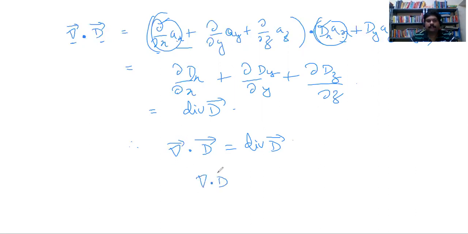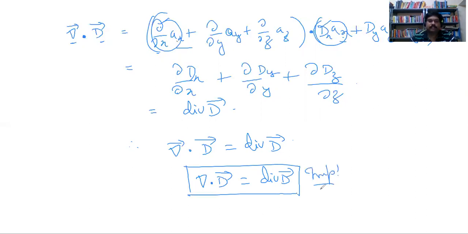So del dot D equals divergence. It is understood that this is a vector. Just by practice, we will not write the vector every time. This is a very important step.